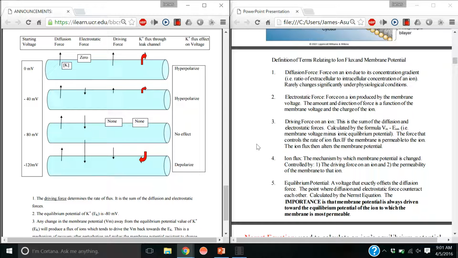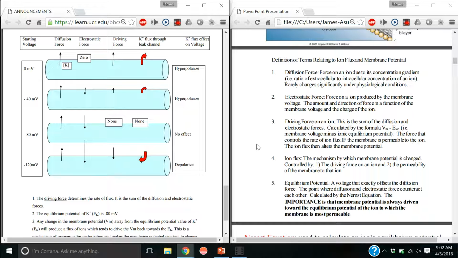So the question is, does the driving force directly influence the flux of the ion? The answer is yes, provided that there's a pathway for the ion to flow. Because there's the potassium leak channel, there's a pathway for potassium to flow in or out of the neuron. So the driving force will cause potassium to flow in or out depending on what the membrane potential is.